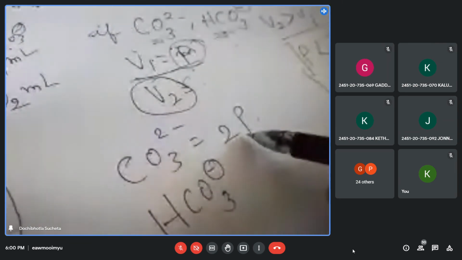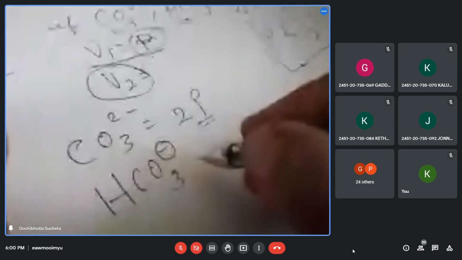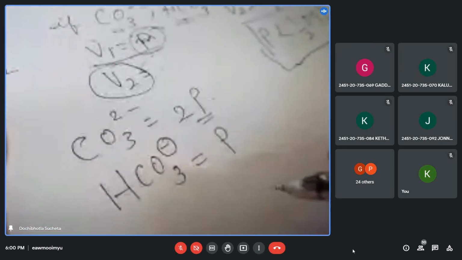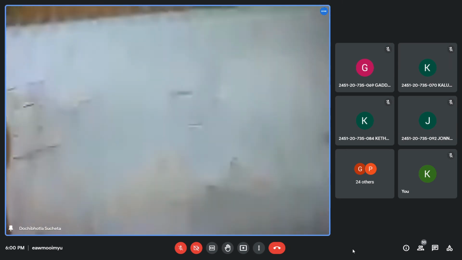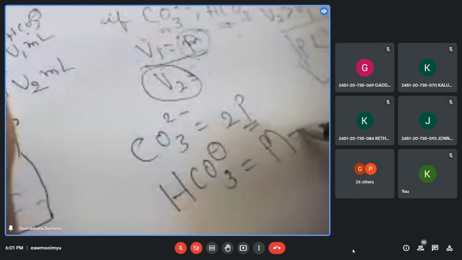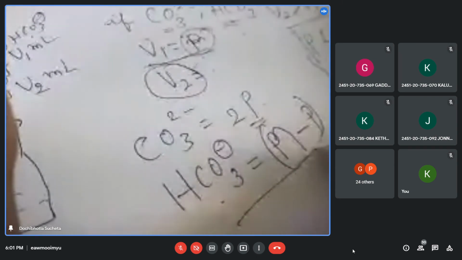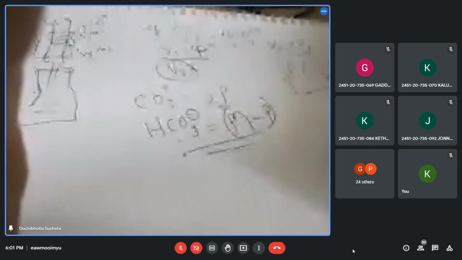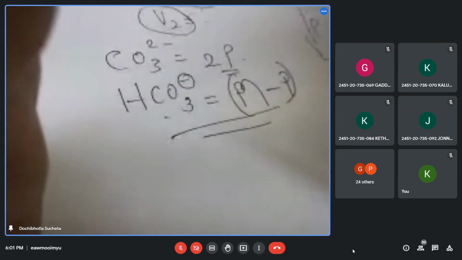I know that the carbonate in the second step required only P amount of HCl, and the total is M. So if the total is M, and I remove that P, I'll get the bicarbonate concentration. This is how I can find the concentration of bicarbonate.